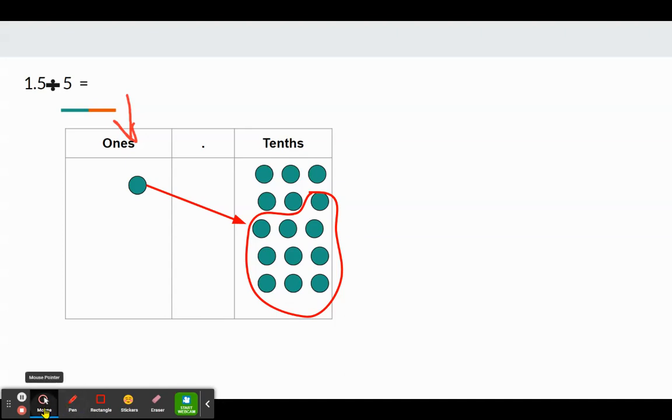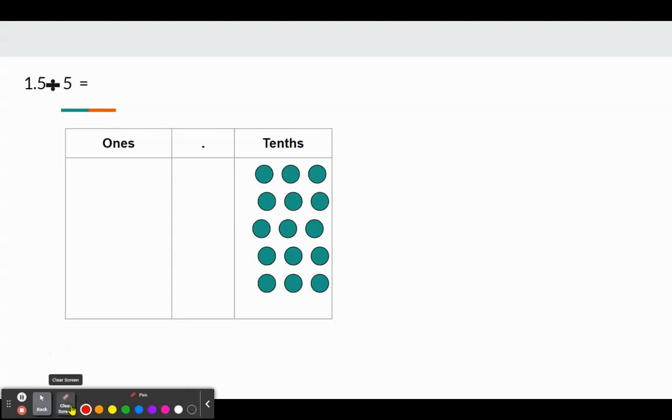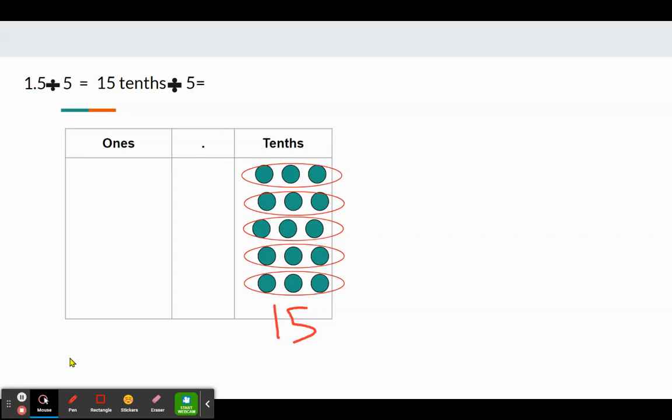Now I have 15 tenths. If I divide those 15 tenths into 5 equal groups, one group is going to equal 3 tenths, or 0.3.